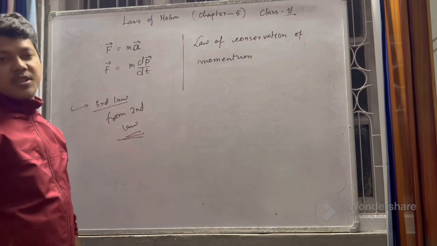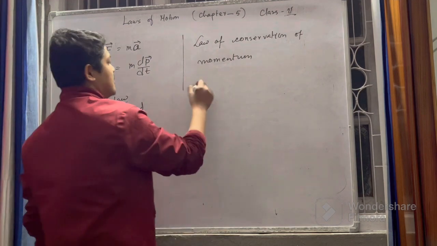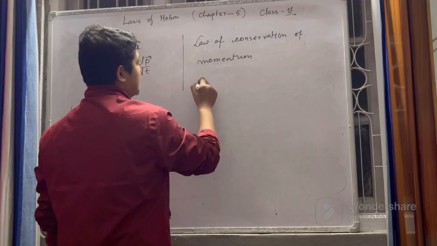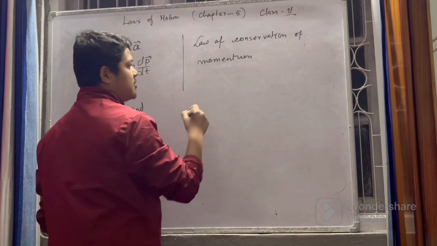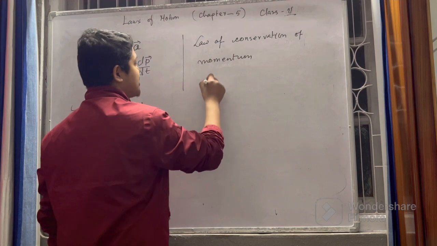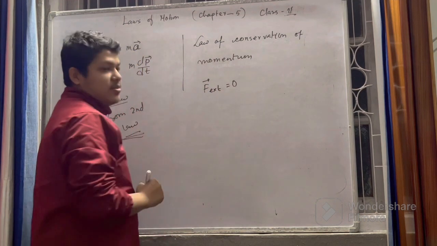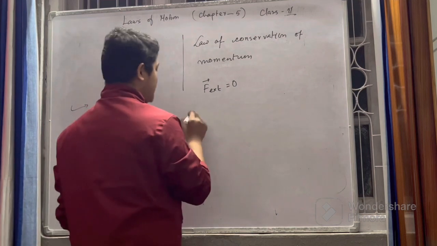Of conservation of momentum. Okay, so this law of conservation of momentum states that in an isolated system, that means there is no external force, external force is 0. Suppose there are two objects.